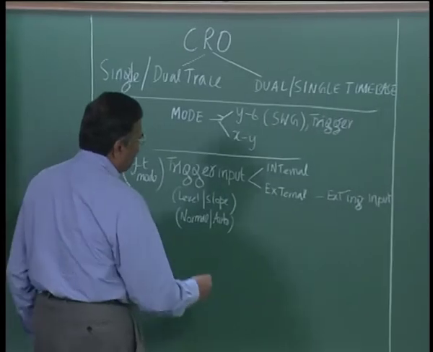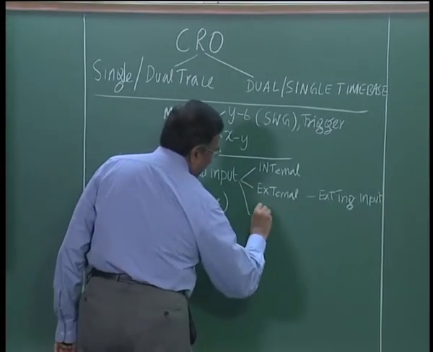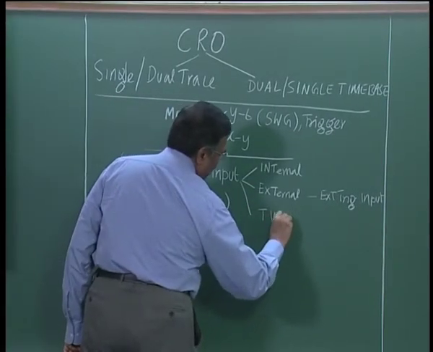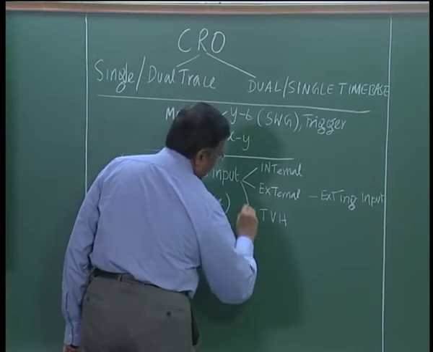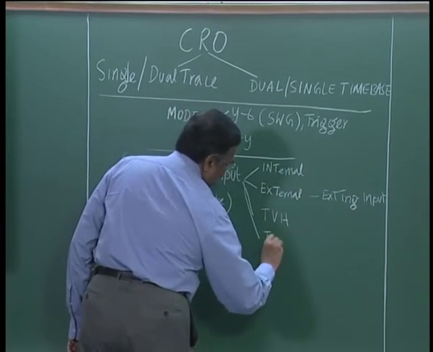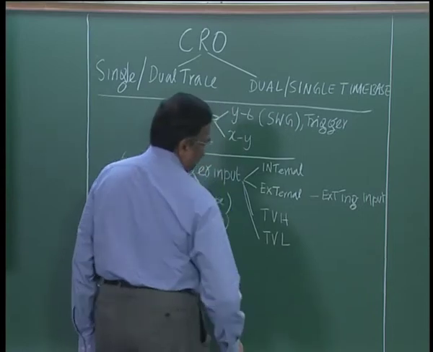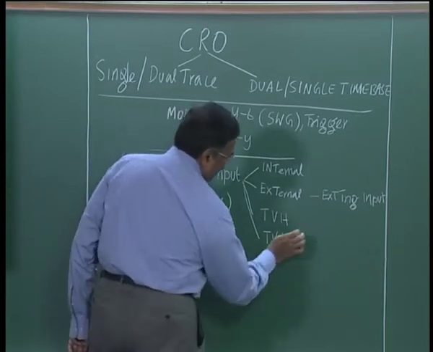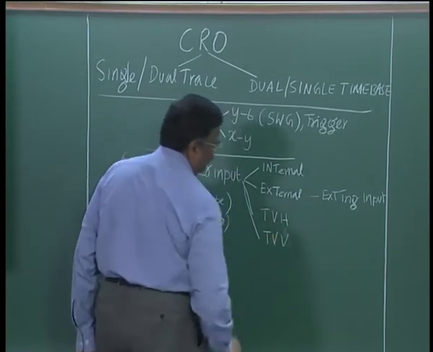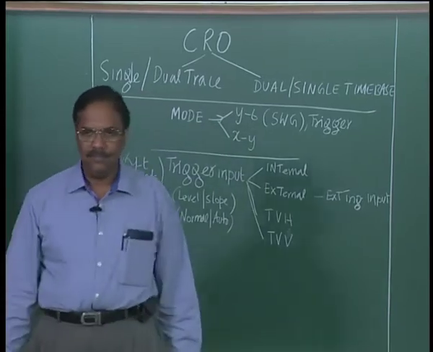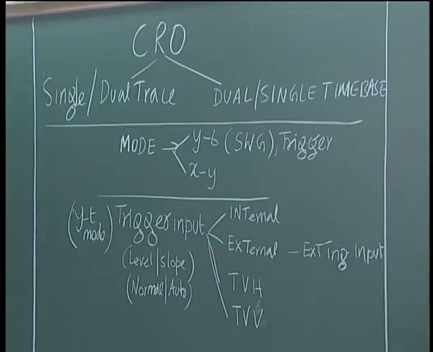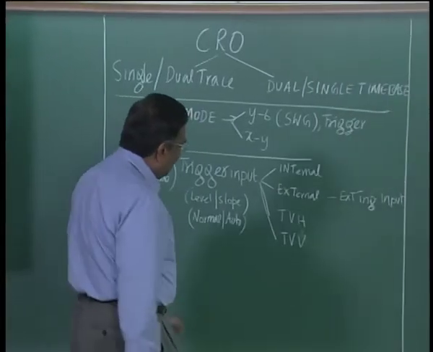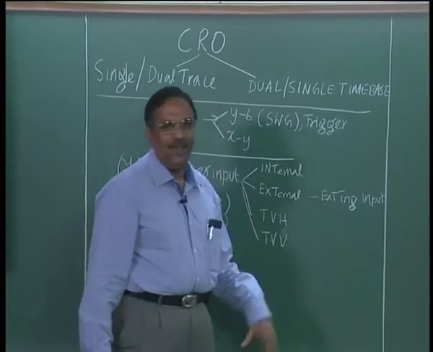Now apart from this you will also see 2 other modes, TVH, TVV, right. These are modes that were in use when the television was analog television.